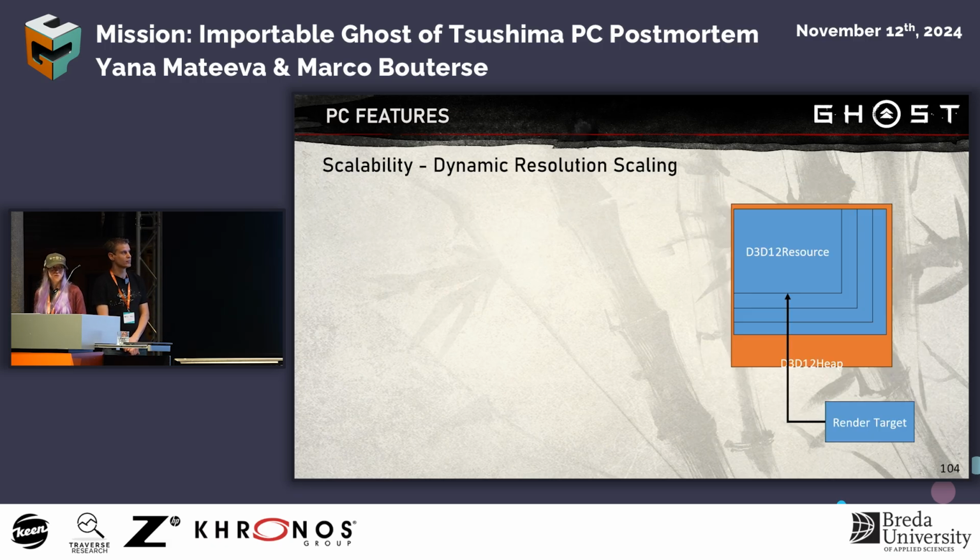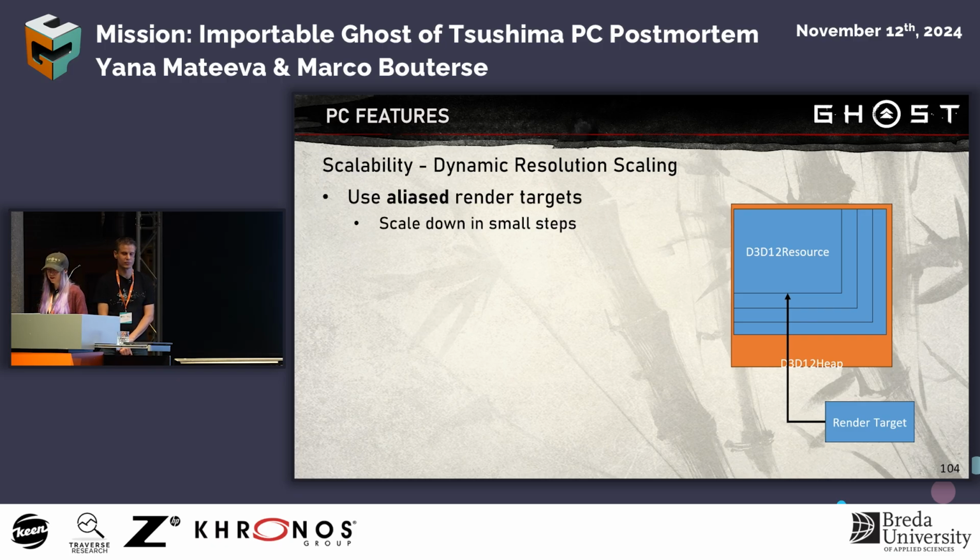To allow players to also tweak their render settings without causing performance issues in certain areas, we also wanted to allow them to enable dynamic resolution scaling. For this, we chose to use an alias render target approach. So we create a big heap that is big enough to store our largest render target, and then we create aliases within it, scaling down the resolution in small steps.